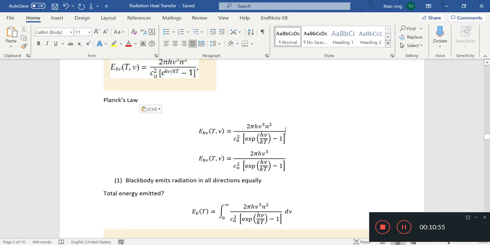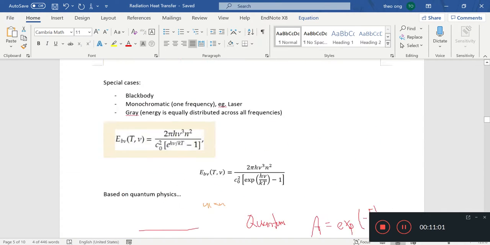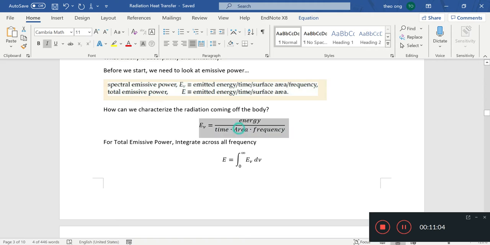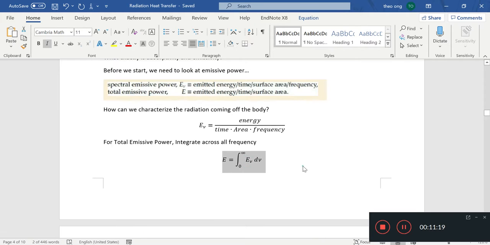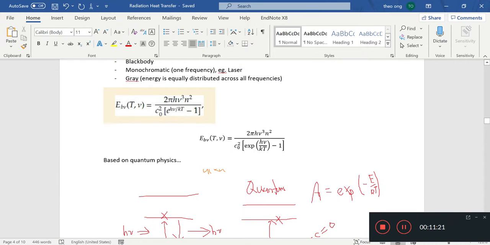If you want to find the total energy emitted, you just do the same thing we've been doing above. Take the spectral emissive power, which is energy per unit time per unit surface area per unit frequency, and integrate over all frequencies, and you find the energy per unit time per unit area.